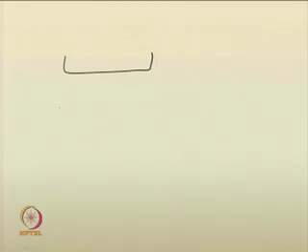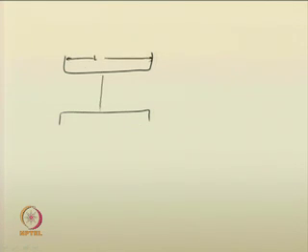Now, based on the culvert length and the type of flow inside the culvert, you can classify the flow in a culvert. Again I am just redrawing the same thing. This is the length of the culvert and this is the depth of the culvert.